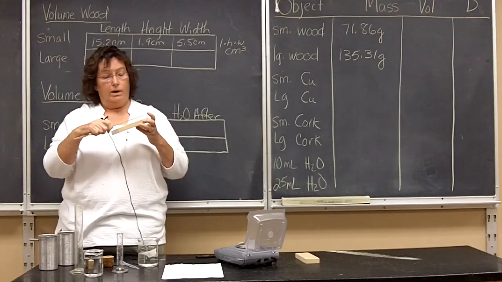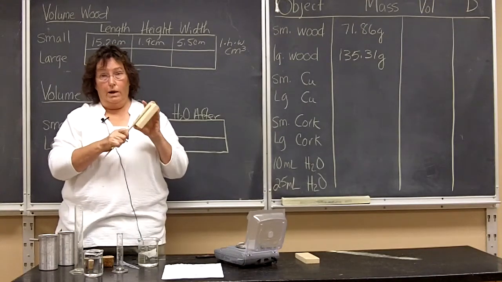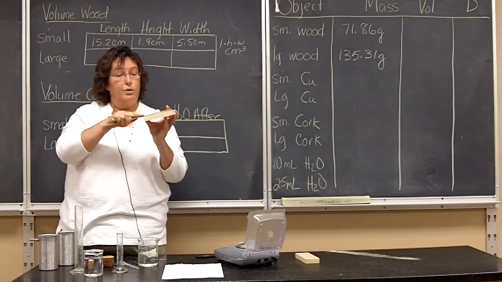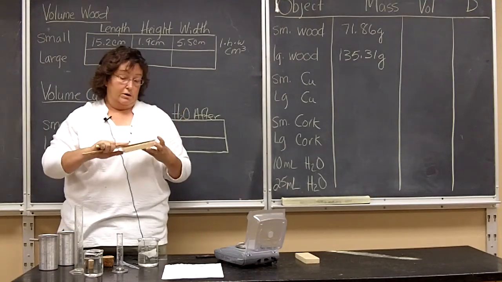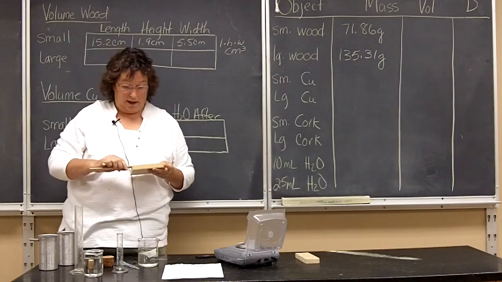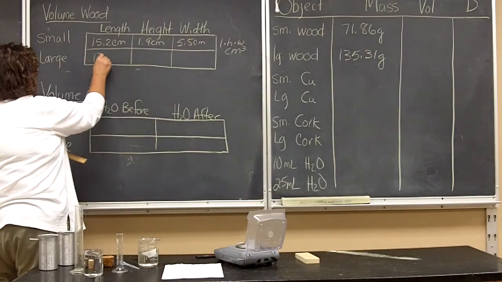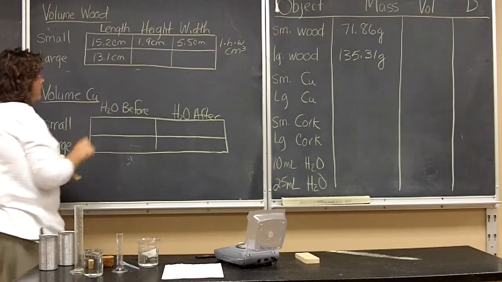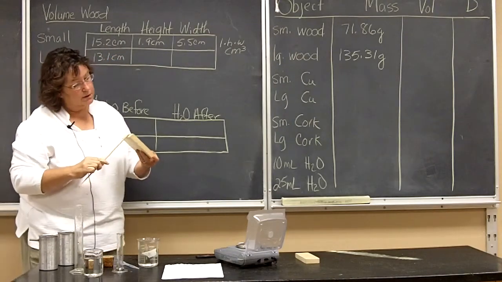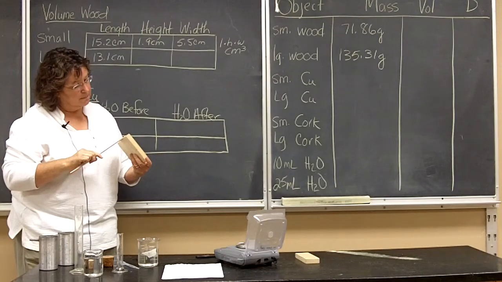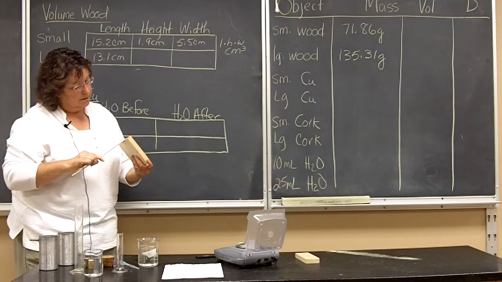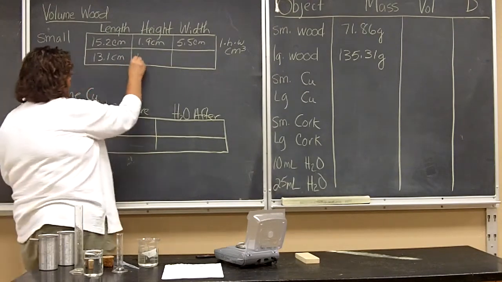It doesn't matter what I call length and what I call width, just so I have all three dimensions. So I'll just take this as the length, and that is 13.1 centimeters. The height right here, since they were both from the same piece of wood, is the same, 1.9.